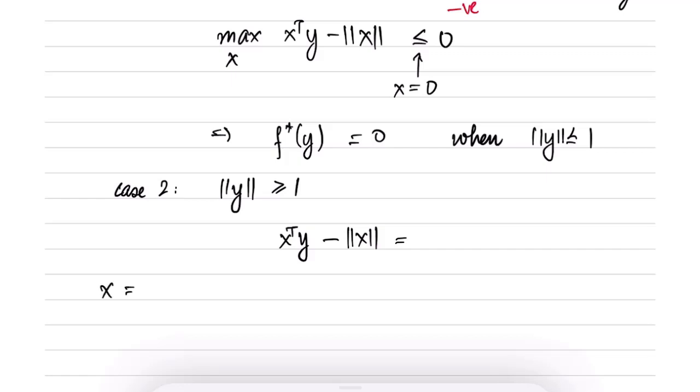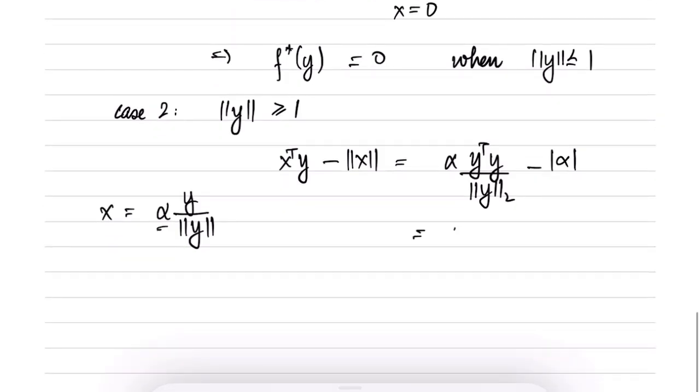That direction turns out to be alpha times y by norm of y. So if we substitute x equal to this value, where alpha could be anything, we obtain alpha times y transpose y divided by norm of y minus absolute value of alpha, or this can be written as alpha times norm of y minus 1.